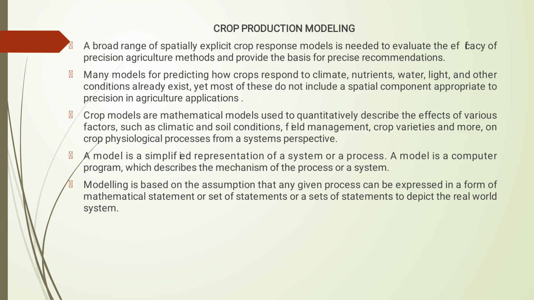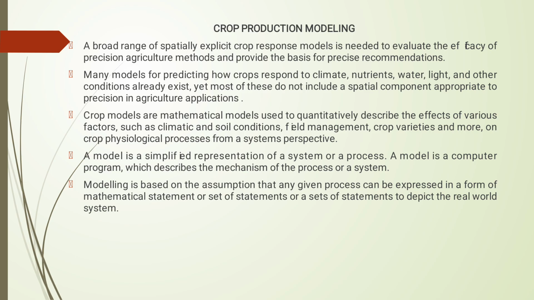Many models for predicting how crops respond to climate, nutrients, water, light and other conditions already exist. Yet most of these do not include a spatial component for precision agriculture application.